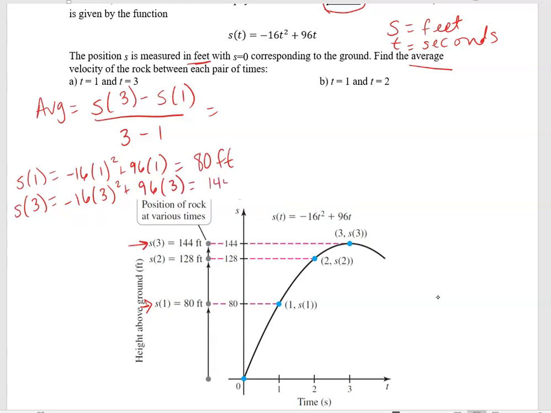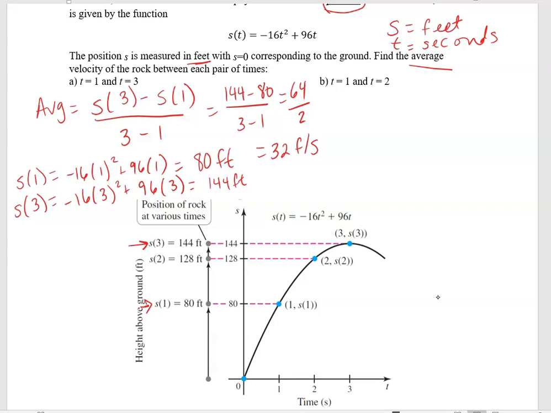That gives us 144 feet. So my change is going to be 144 minus 80 divided by 3 minus 1. So I'm going to put those numbers into my calculator. I'm getting 64 divided by 2, which gives me 32. So the average change over that interval, average velocity rather, is 32 feet per second.